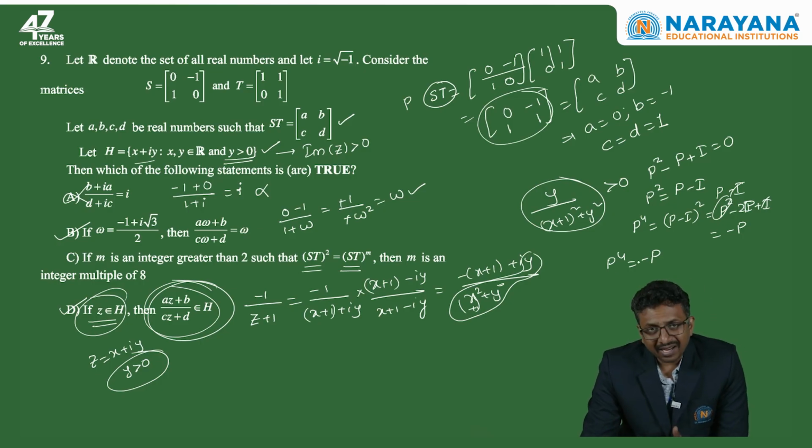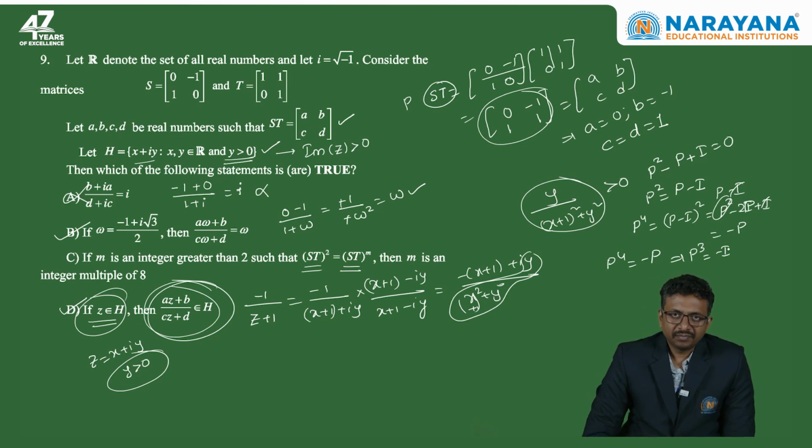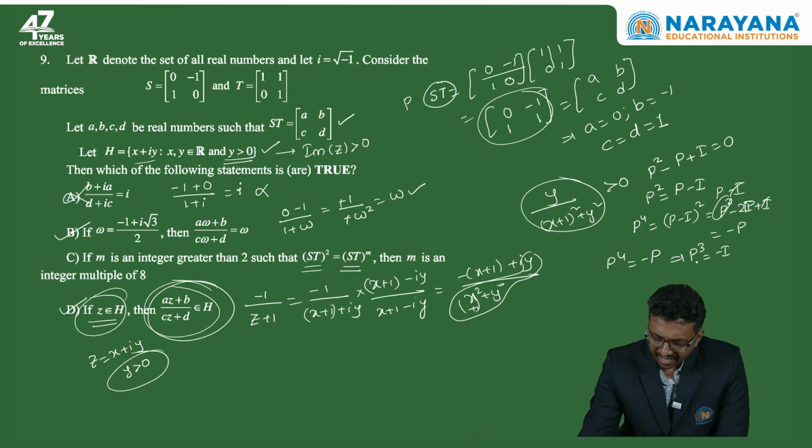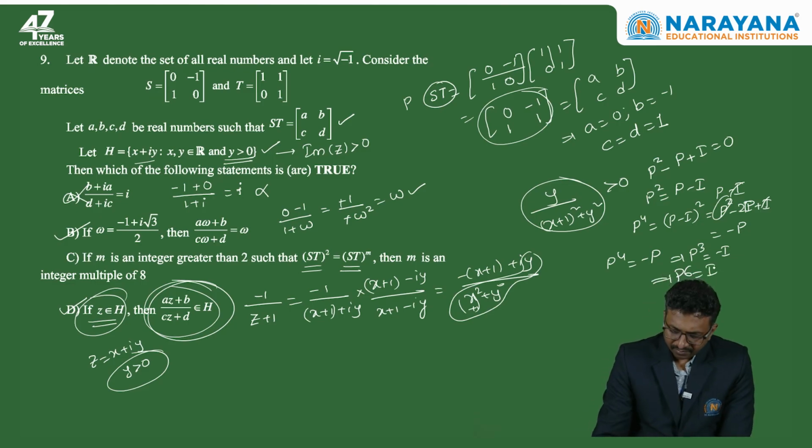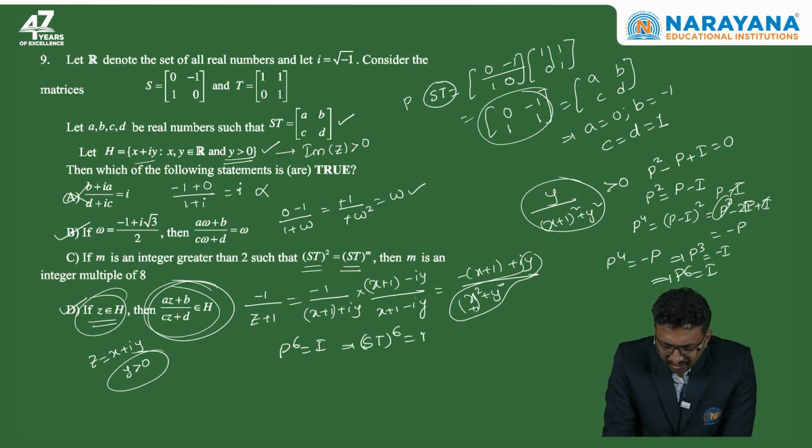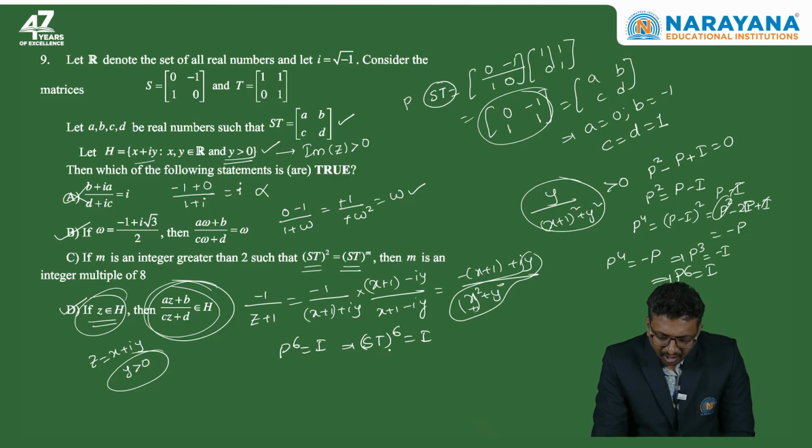So if you multiply with P inverse, you get P cube is equal to minus I, which implies P power 6 is equal to I. So ST power 6 is equal to I, right?